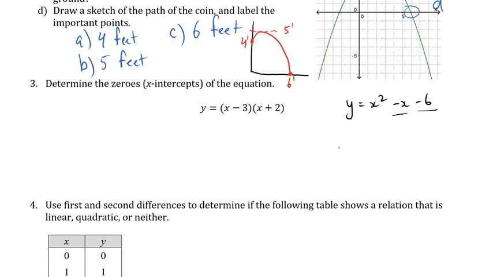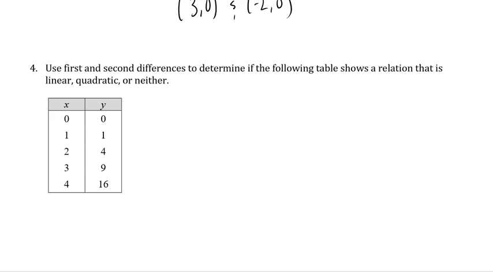This one just gives us the factored form, and we can say what the x-intercepts are. So remember, the trick is you change the sign from what's inside the brackets. So (3, 0) and (-2, 0). Really easy, but very specific. You just have to remember it. And if you do, you change the sign and you just list them.